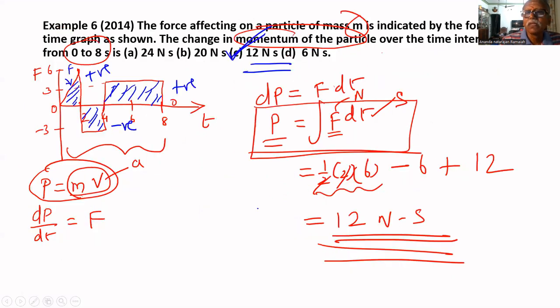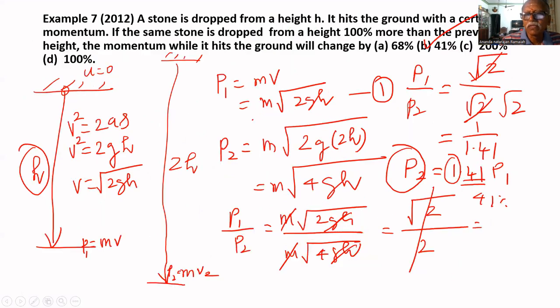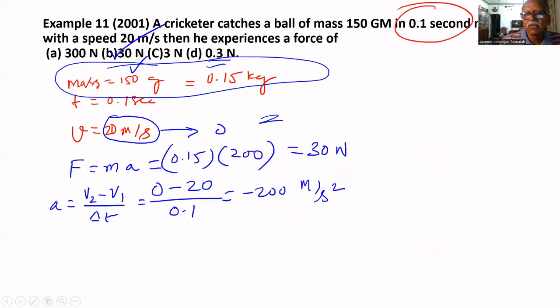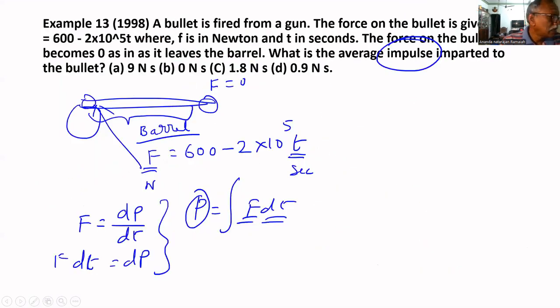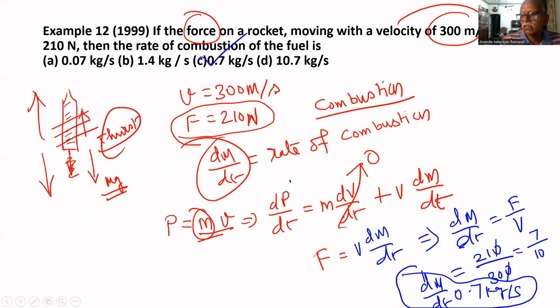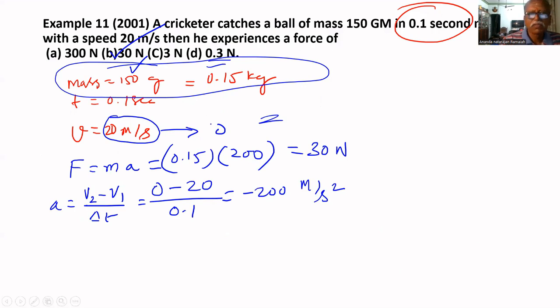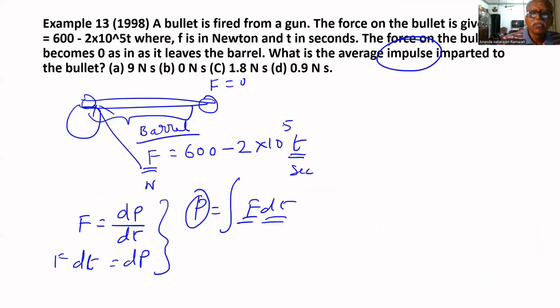Here F is given, so we cannot substitute mv here. F has to be used. We solved one sum also like this. So we want P, and we know that F equal to dP by dt.